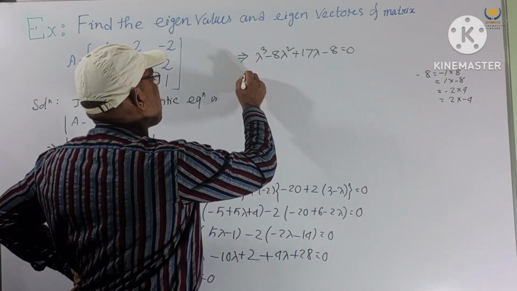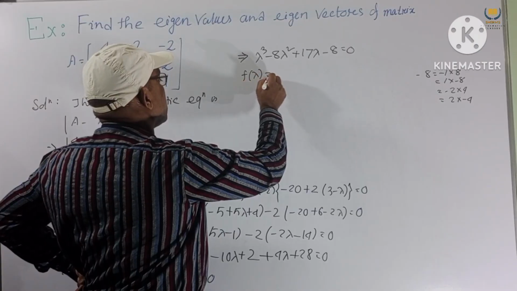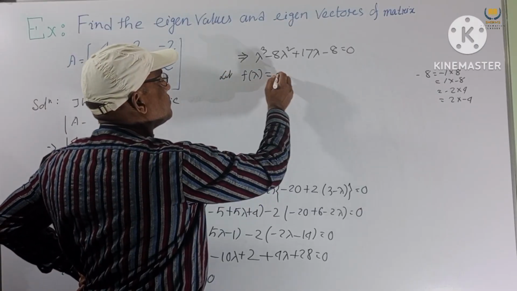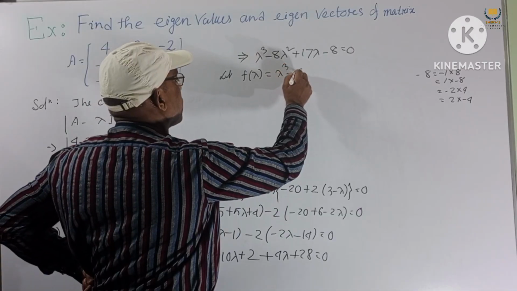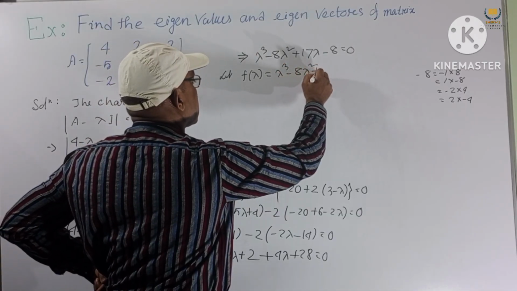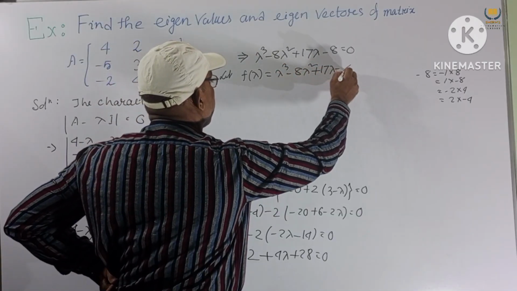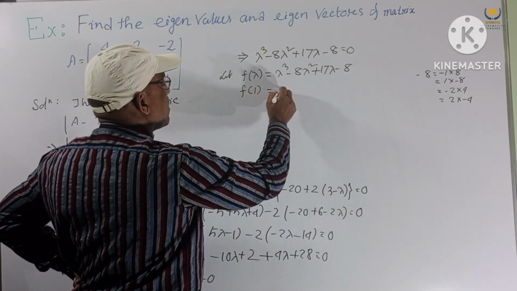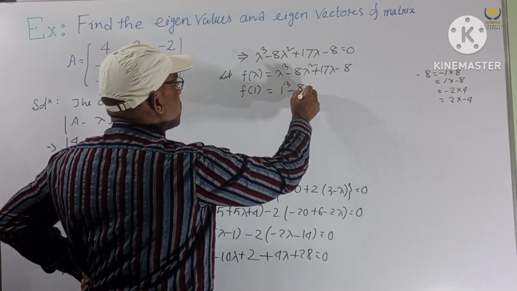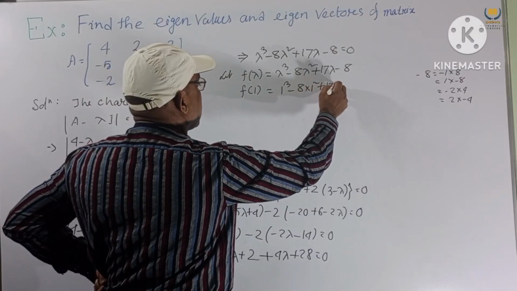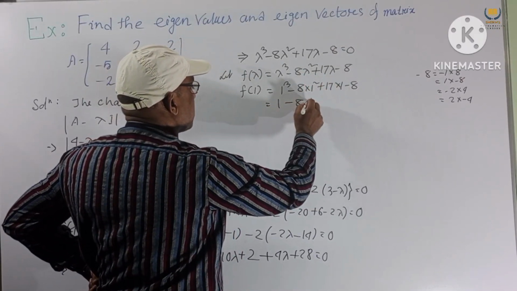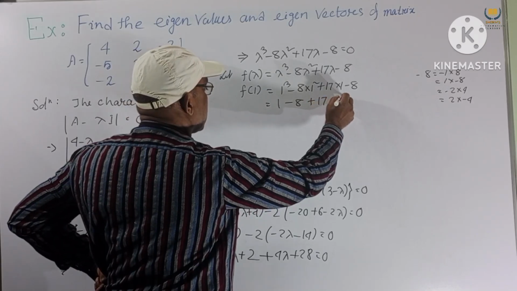Let f lambda equal to lambda cube minus 8 lambda square plus 17 lambda minus 8. Putting lambda equal to 1, we get 1 cube minus 8 into 1 square plus 17 into 1 minus 8, that is 1 minus 8 plus 17 minus 8.